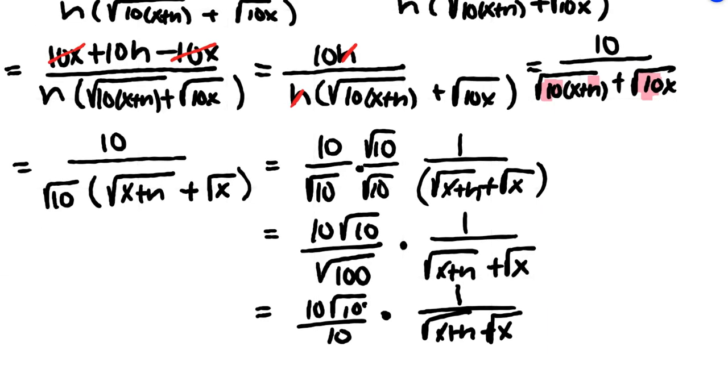And then I'm able to cancel out these 10s. So if I put that back together, I would have square root of 10 over square root of x plus h plus square root of x. And that's my difference quotient for square root of 10x.